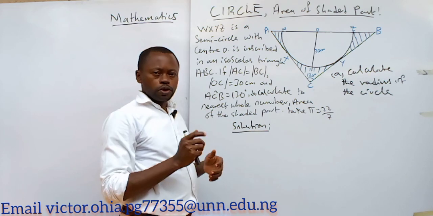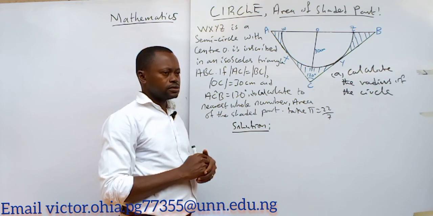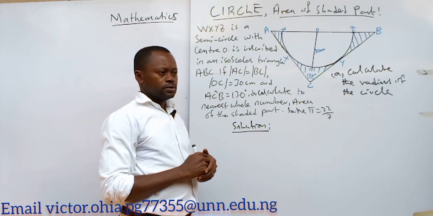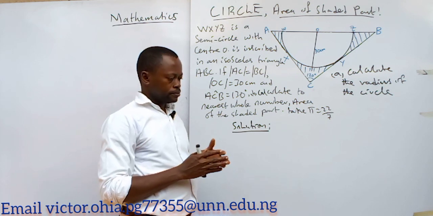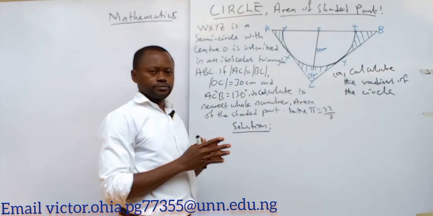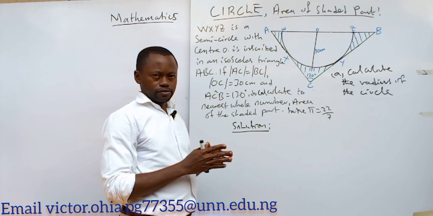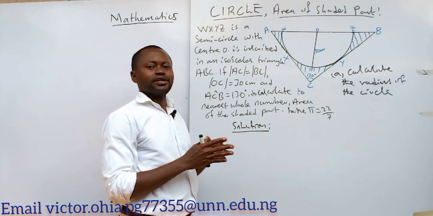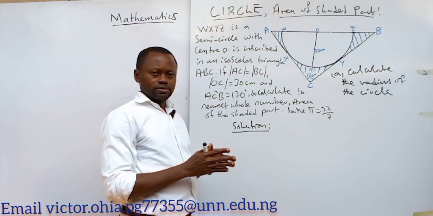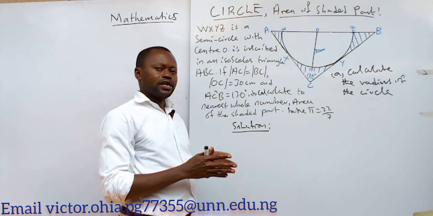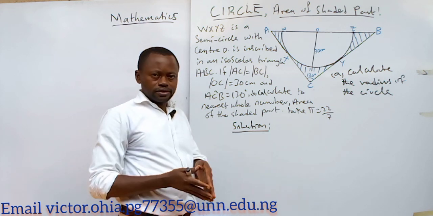That is a theorem that says a line drawn from the center of the circle, which is perpendicular to a tangent to a circle, is at right angle to it.